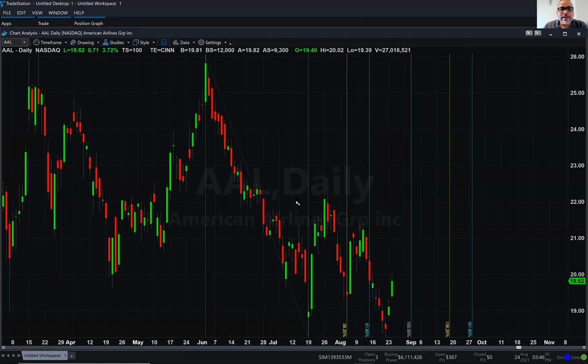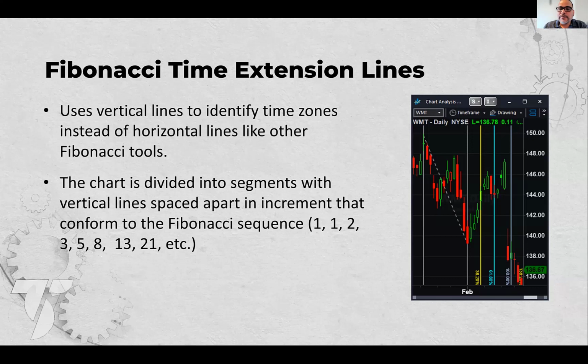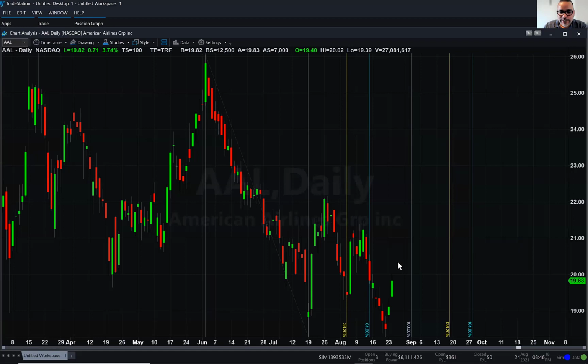Now, let me go back here to my PowerPoint, because this is using the percentages. So it's not really using these numbers as factors or proportionate to the number sequence. It is actually using the same percentages of the Fibonacci.